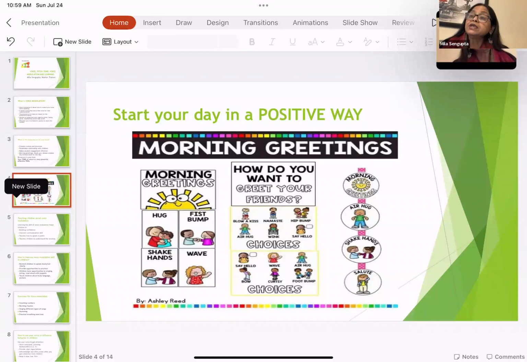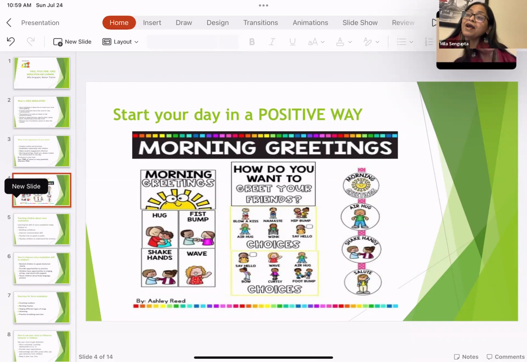So the morning greetings can be in different ways: a hug, a fist bump, or shaking hands, or waving at each other. And we can also give choices to the children and ask them, how would you like to do your morning greetings? And here are some examples. Blow a kiss. We can say namaste. We can heel bump.